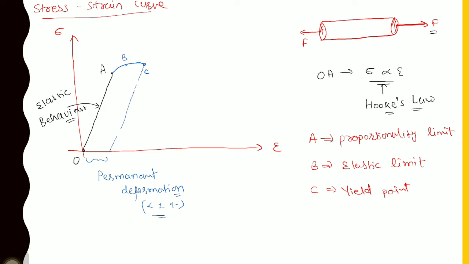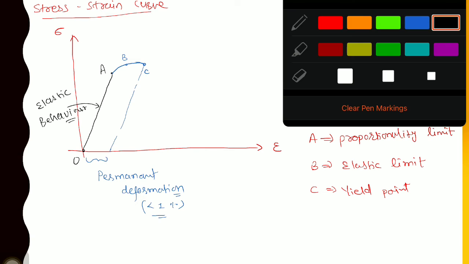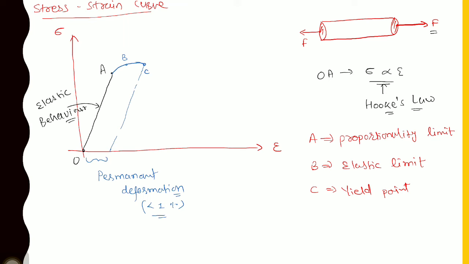There is a large change in strain with a small change in stress. Initially the stress is very large, the strain is small, and the change in length of the body is small. But after point C, if you take a small change in stress, there is a large change in strain.